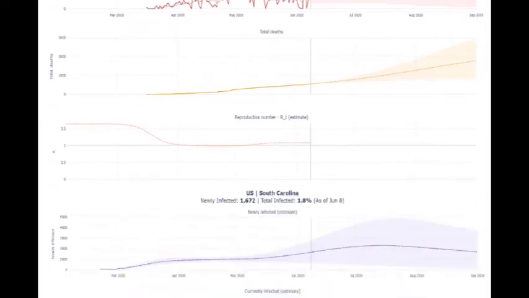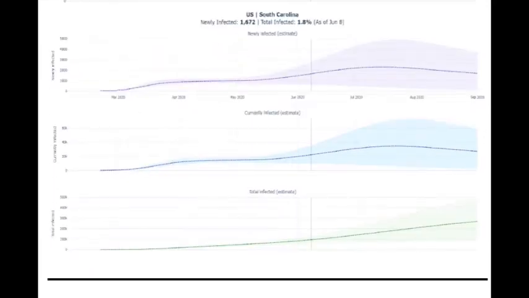This model also projects the number that will be infected by COVID-19 going forward into the future. It projects the highest rate of current infections occurring in mid to late July.